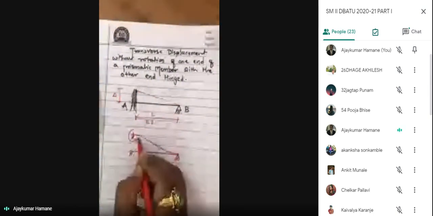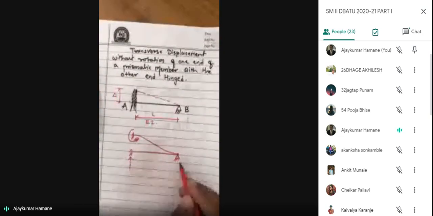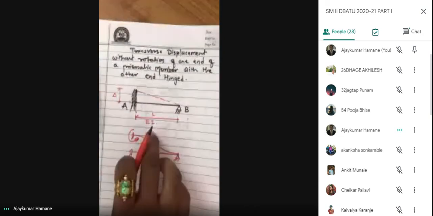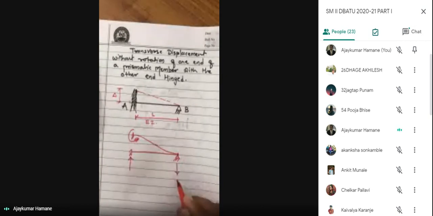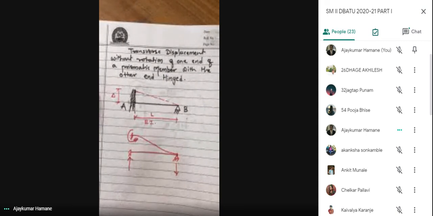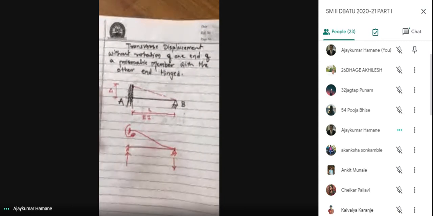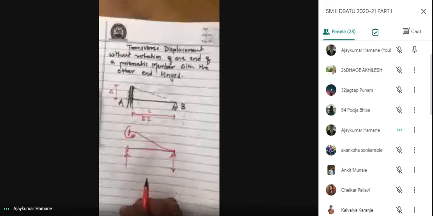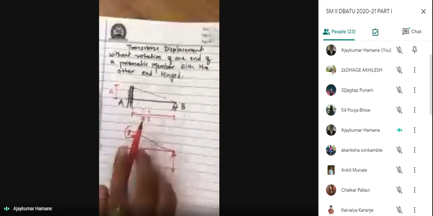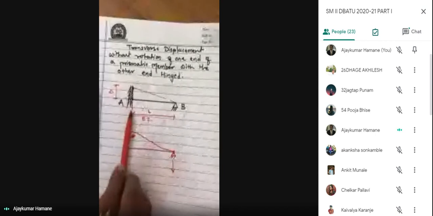So what is the movement? What is the reaction here? So we have to find out. Okay. Now, so there is a displacement. Correct. Now which force have we applied? RA.